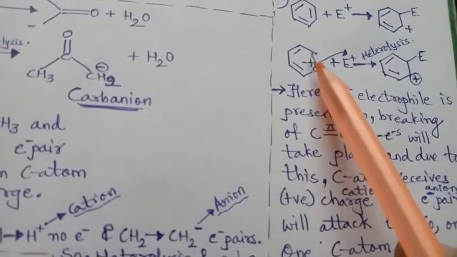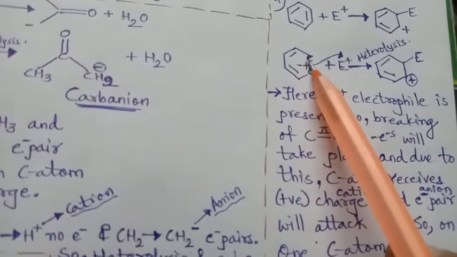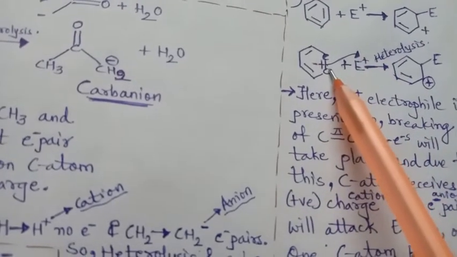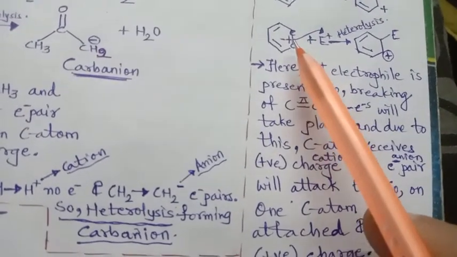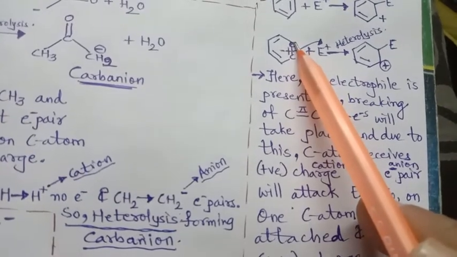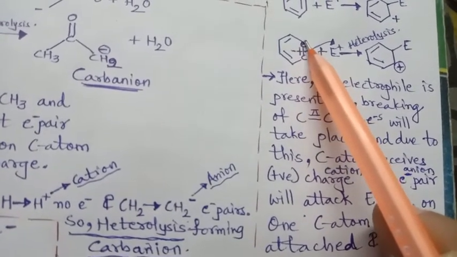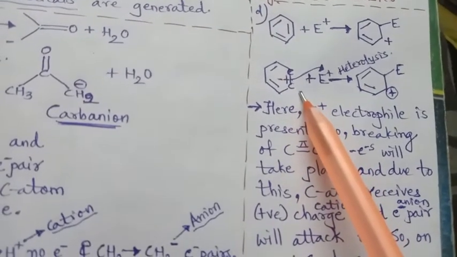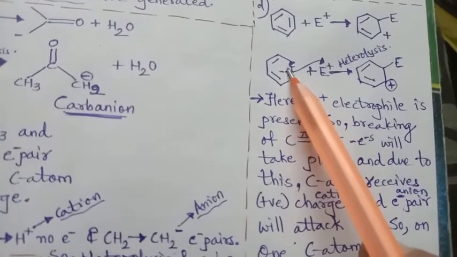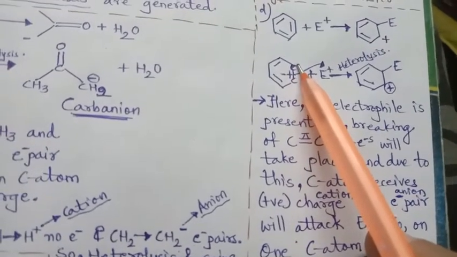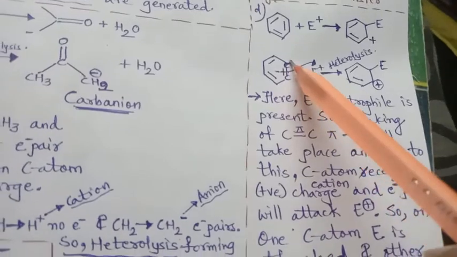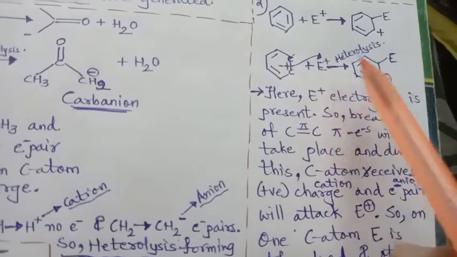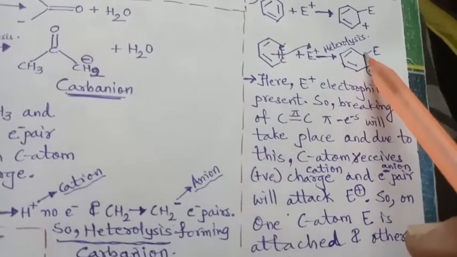That means the carbon is giving, so the negative charge will be taken by the electrophile and the other carbon will get a positive charge. So this carbon gets positive charge, and these two electrons, when they attack here, E is attached over here.